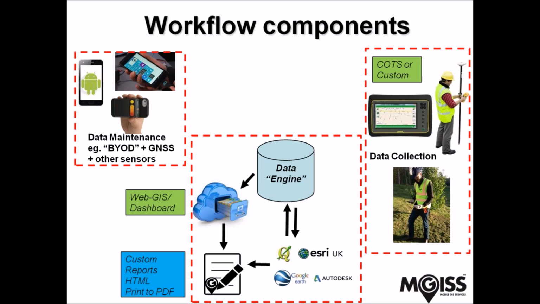So these can be anything from predefined or custom reports which are web-based right through to printed reports that you might be supplying to a contractor or to a customer. And you'll also see then the platforms that we're delivering custom reports or data out into could be anything from Google Earth, which anybody's got access to, to more defined CAD-based workflows such as Autodesk.